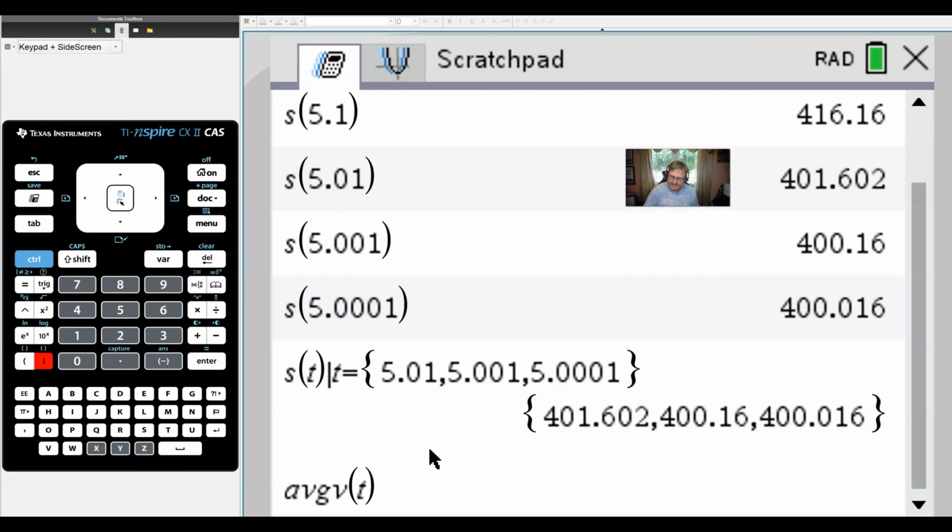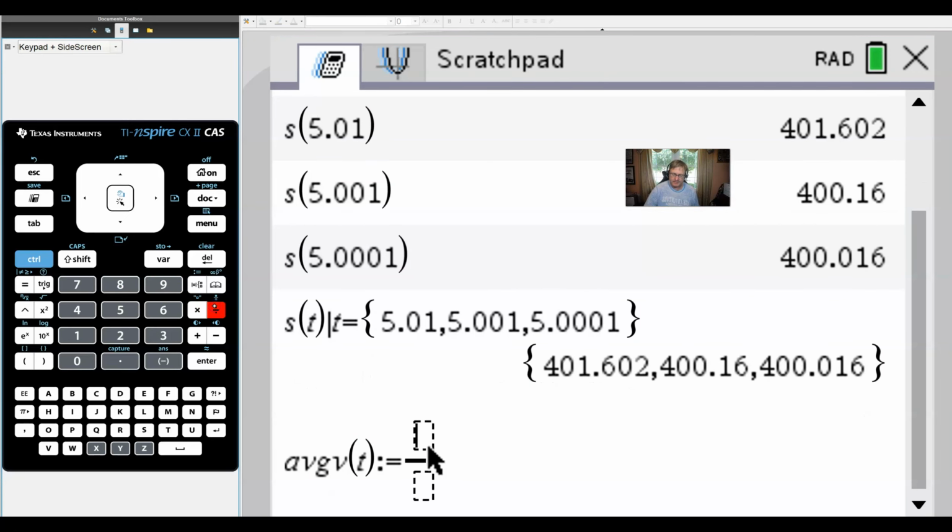And then I can set that equivalent to, or colon equal to, the formula that we came up with, which is going to be the position, which, by the way, it still remembers, the position at any time t minus the position at time 5, all divided by the time at t minus the time at 5.